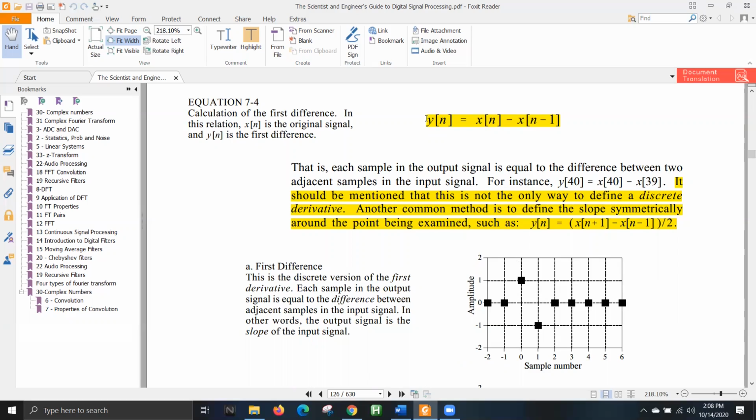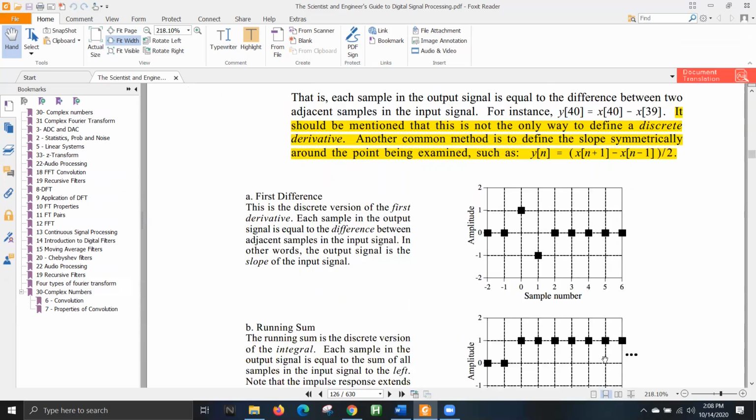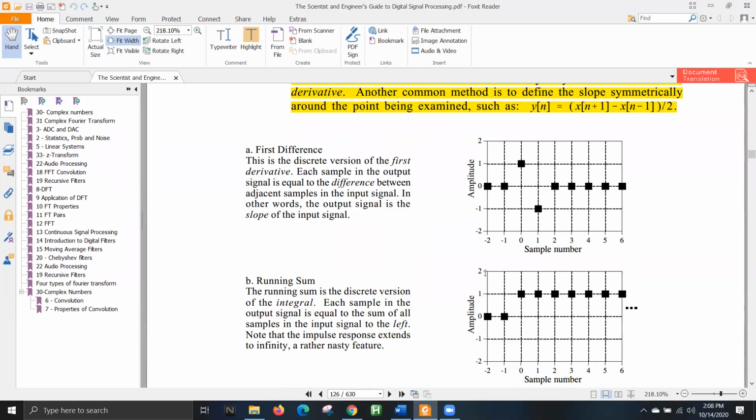This is the y[n] you're going to get, this behavior for every point. Similarly, if this is the h[n] you convolve with a step function.